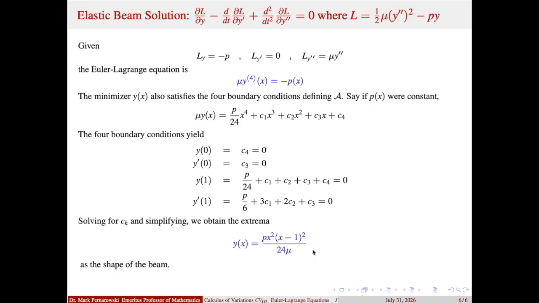That gives you a formula for the shape of the beam that minimizes the total potential energy. So that's a very real-world practical example of where the second derivative of the dependent variable comes into the Lagrangian. That's the only example I'm giving for this Lagrangian case.